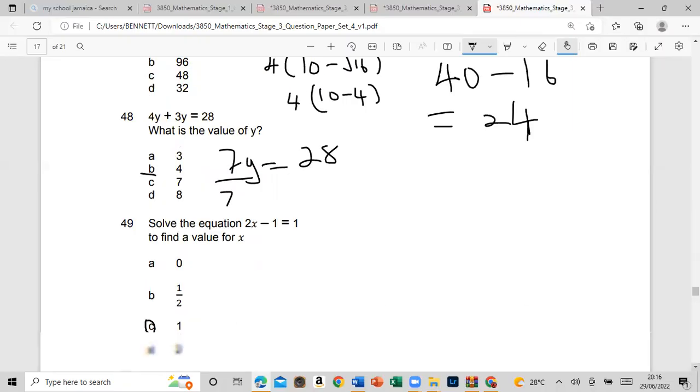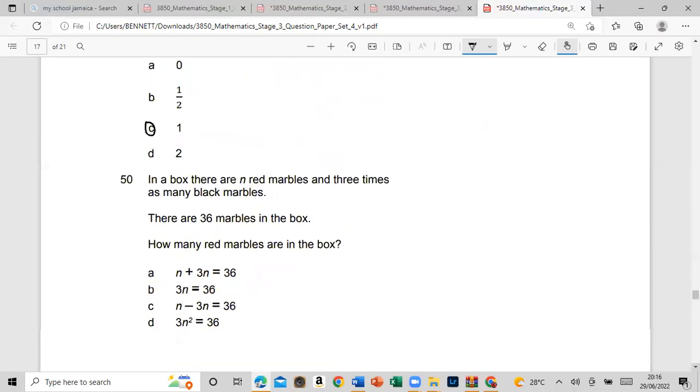In a box, there are n red marbles and 3 times as many black marbles. There are 36 marbles in the box. How many red marbles are there in the box?